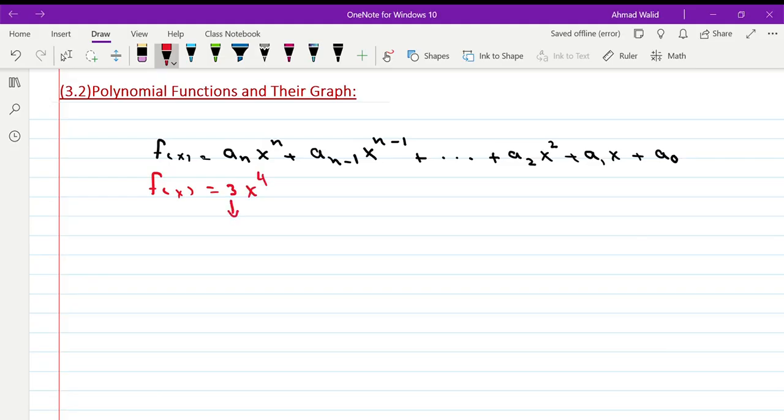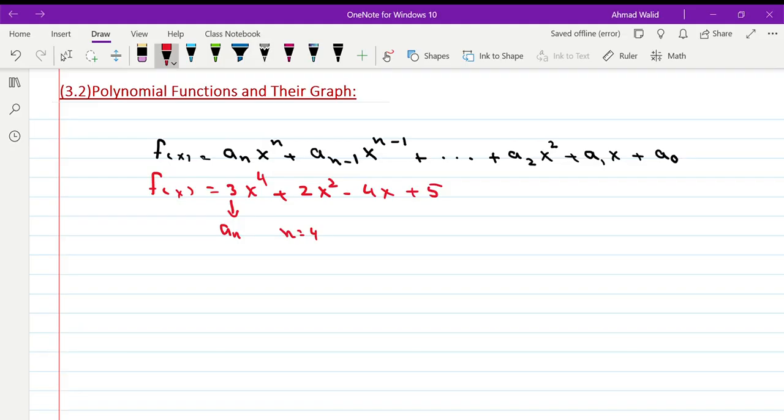Your 3 is a sub n, and in x to the power of 4, n is equal to 4, plus a sub n minus 1, x to the power of n minus 1, which I can give you, for example, 2x squared, the next term, minus 4x, plus 5, correct? These types of functions, we call them polynomial functions.